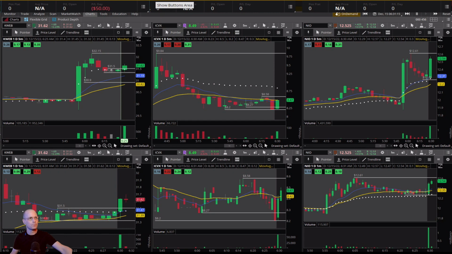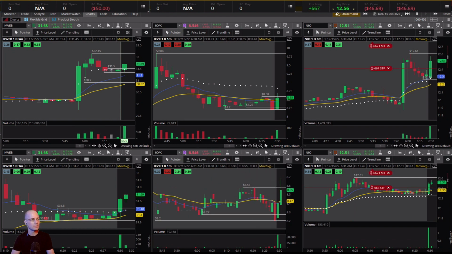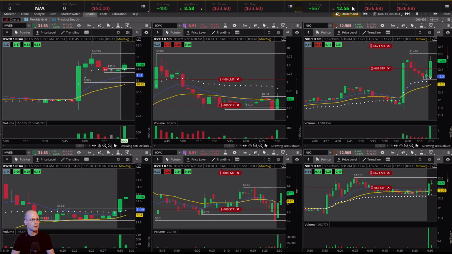I'm going to wait. Let's see if NEO breaks the high here. Oh, look at ICVX. I'll buy the dip just one time. See if we can hold 850. And on NEO, I'm looking to sell if we break 1261.